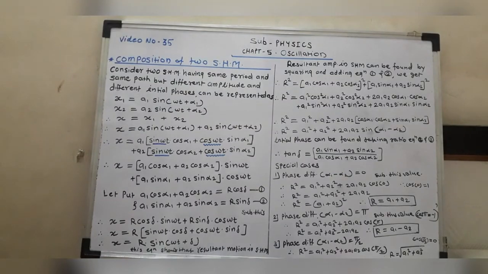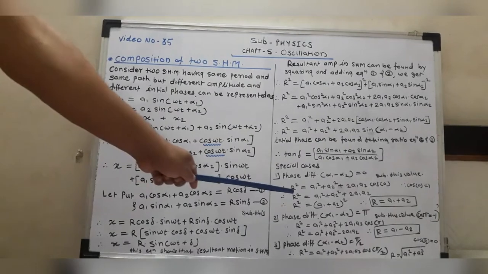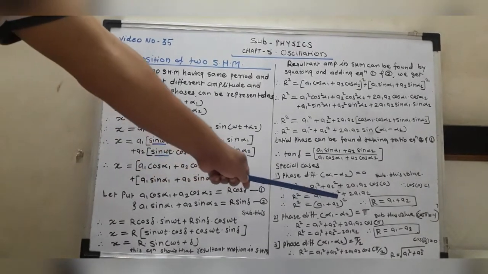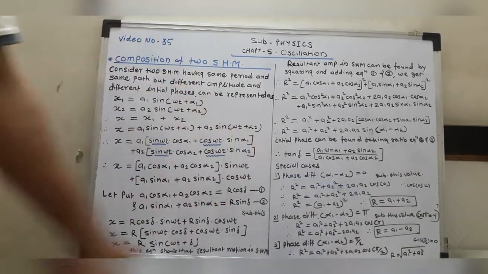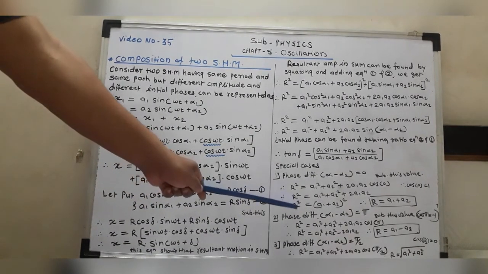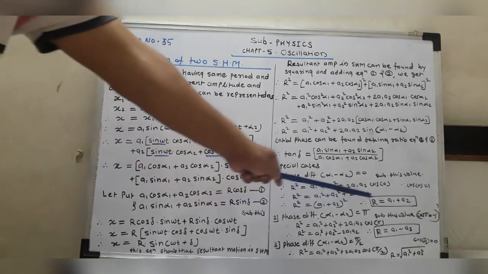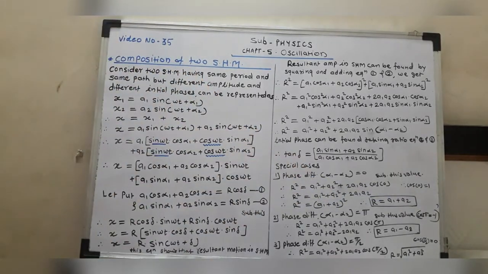Then we know that cos 0 is equal to 1, and substituting this value, r square is equal to a1 square plus a2 square plus twice a1 a2. Taking the square root on both sides, r square is equal to (a1 plus a2) whole square, or r is equal to a1 plus a2 simply.